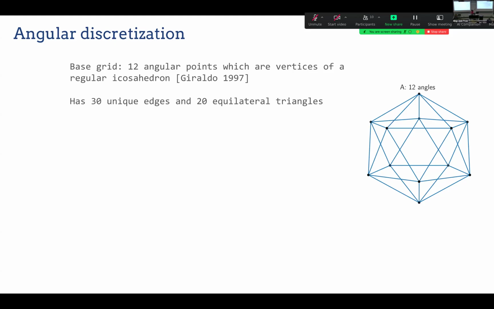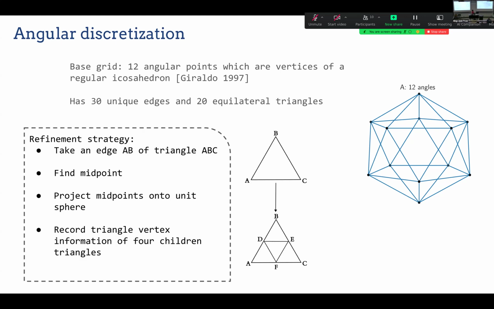So for the base grid, you start with a regular icosahedron, and the vertices correspond to the angles, lying on the surface of a unit sphere. This grid would have 30 unique edges and 20 equilateral triangles. There's a very simple way to refine grids in angle: you take some triangular element of the grid, find the midpoints of every side of the triangle, and project the midpoints onto the surface of the unit sphere.